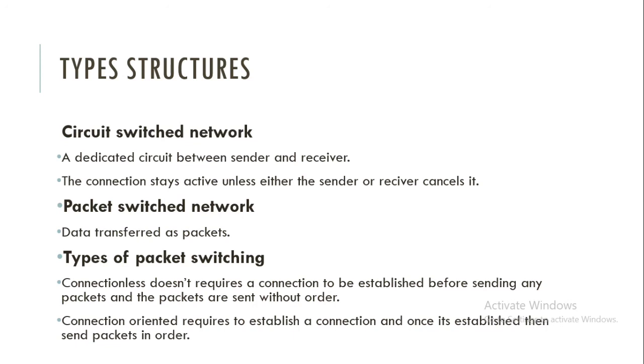The connection oriented service requires a connection to be established between the sender and the receiver. Once the connection is established, the packets are sent, and they are sent in order, not orderless like connectionless.